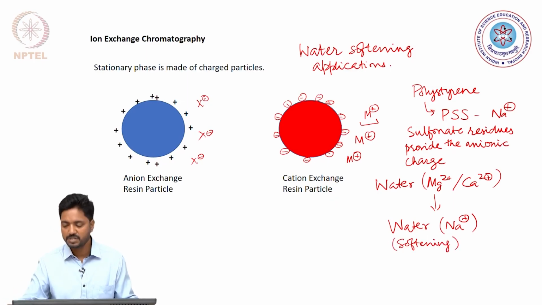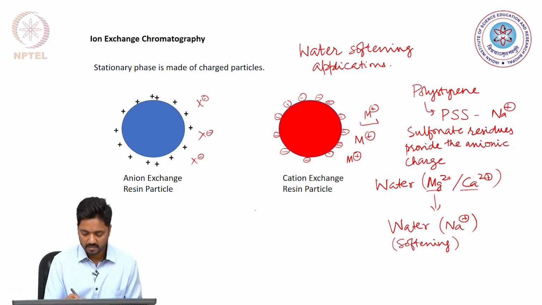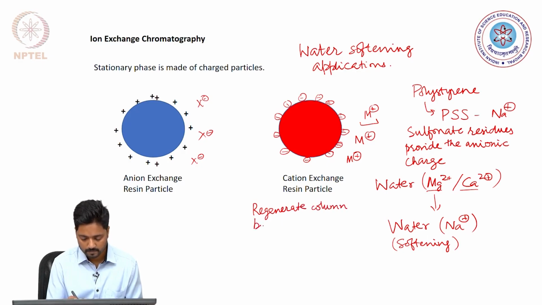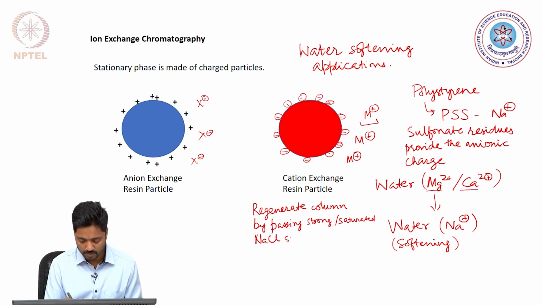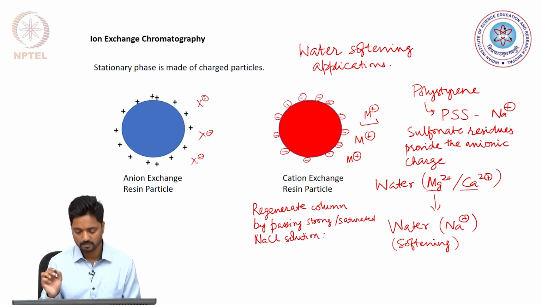And the advantage here is that when the column gets completely saturated with these magnesium and calcium ions, we can regenerate the column by passing a strong or saturated sodium chloride solution through the column.